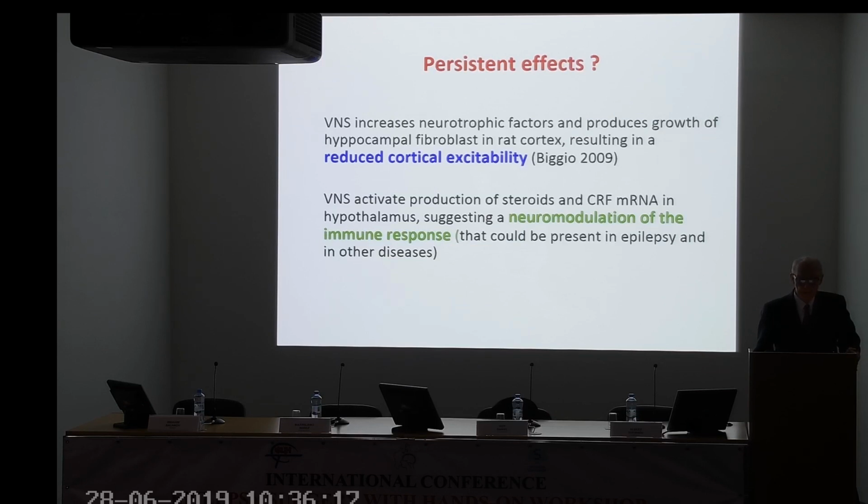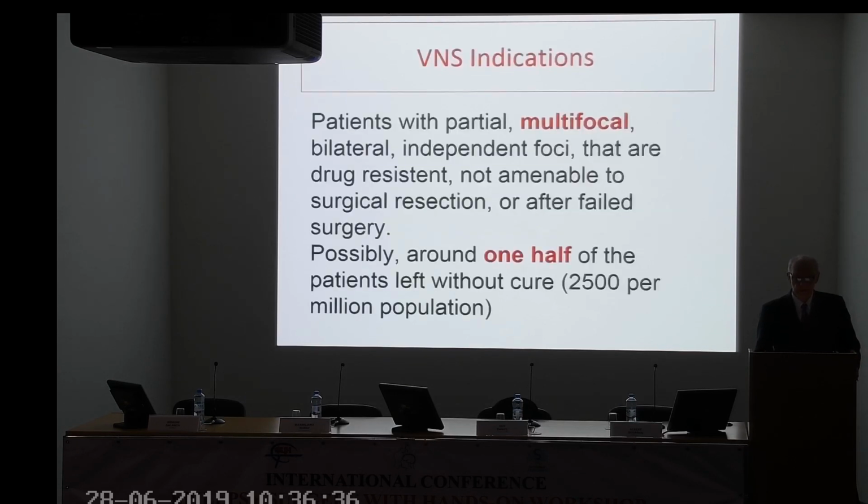And is it a persistent effect? Yes, because it is a chronic stimulation, reduced cortical excitability, and it can also have a neuromodulation effect in the immune response. That is very important both for epilepsy and for other diseases.